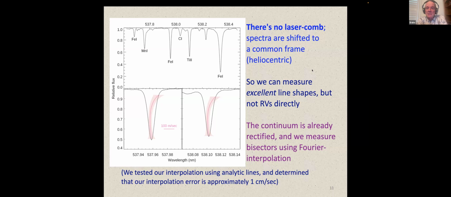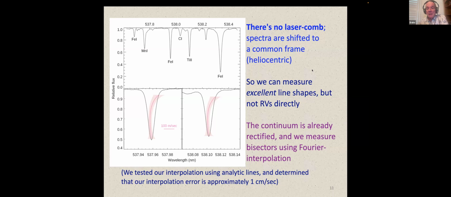They've rectified the continuum level. So that means that our analysis here to measure a bisector is very simple. All we have to do is draw a line across the spectrum at a given flux level and find where that line crosses the red and blue flank of each absorption line.